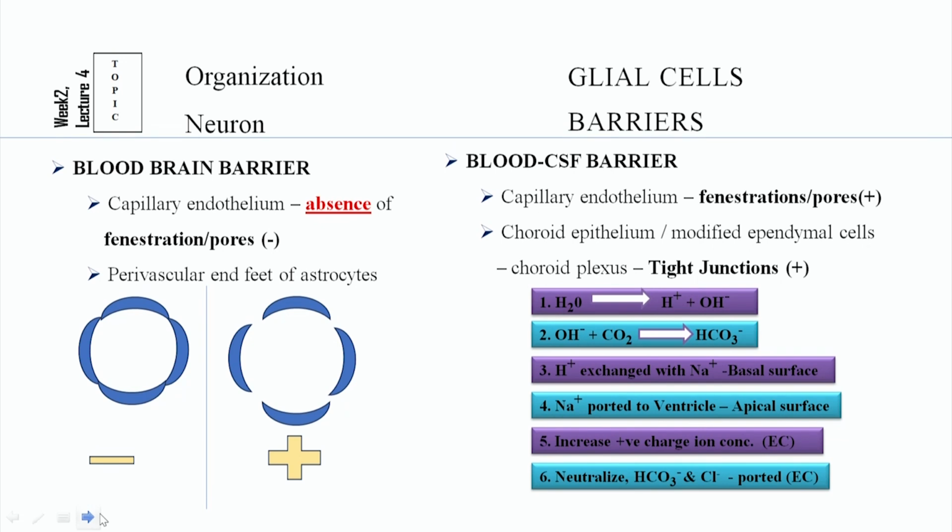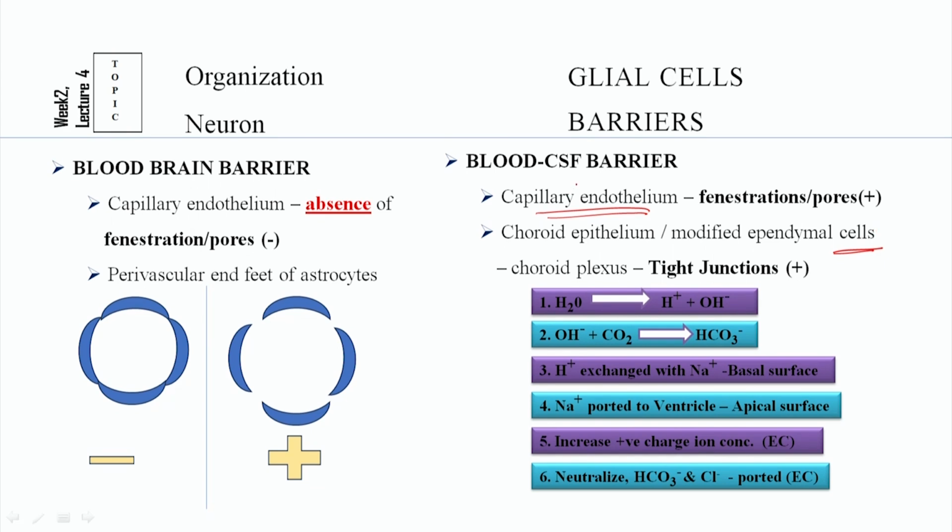Now the last part of today's lecture is the barriers. There are two barriers present in the nervous system. One is the blood-brain barrier, another one is the blood-CSF barrier. To understand them, you need to remember two things: the capillary endothelium, and the cells.